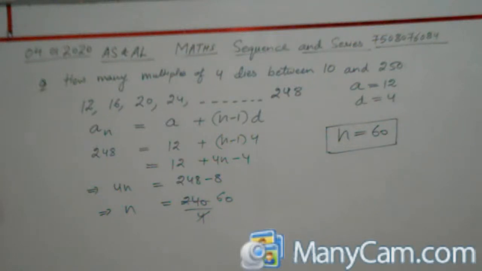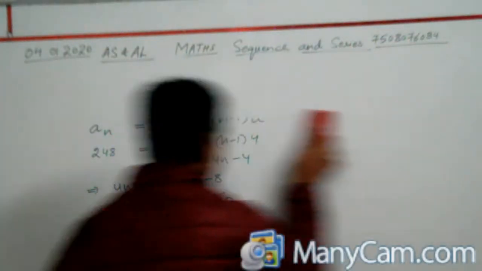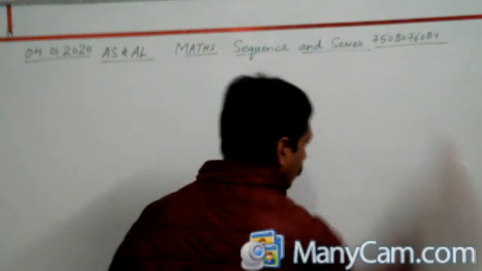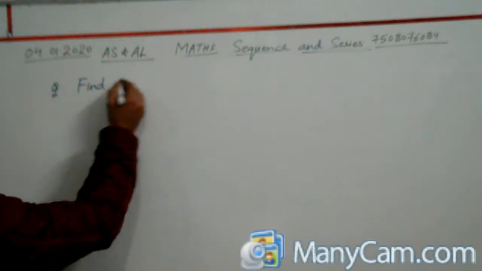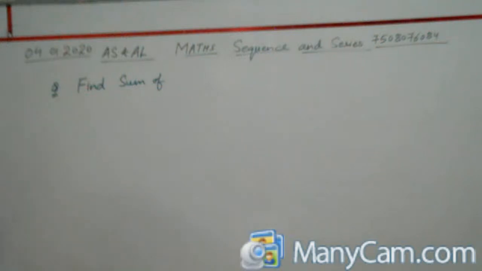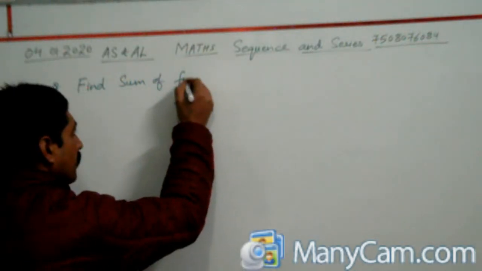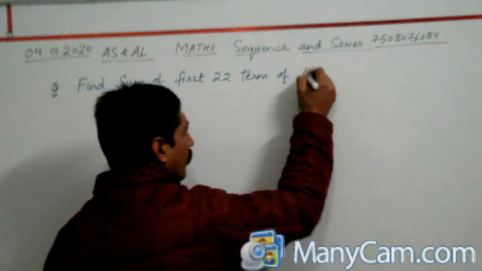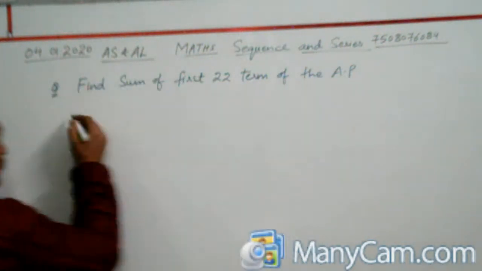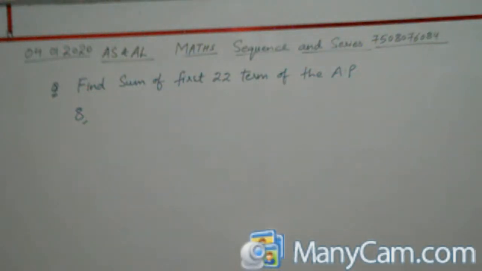So here we have a question: find the sum of the first 22 terms of the AP which starts with 8, 3, minus 2, and so on.